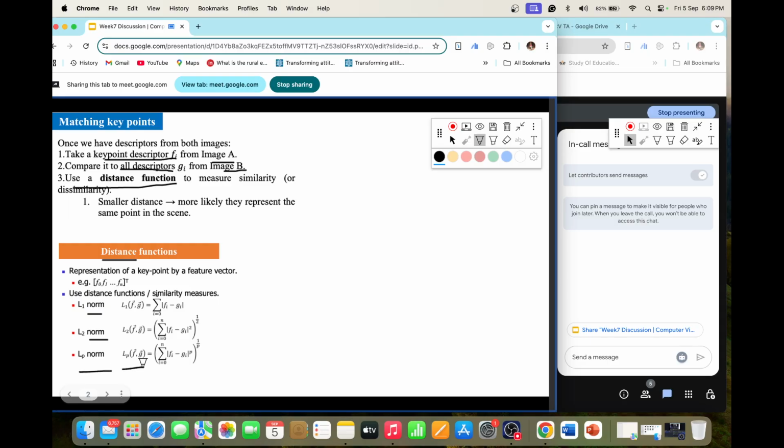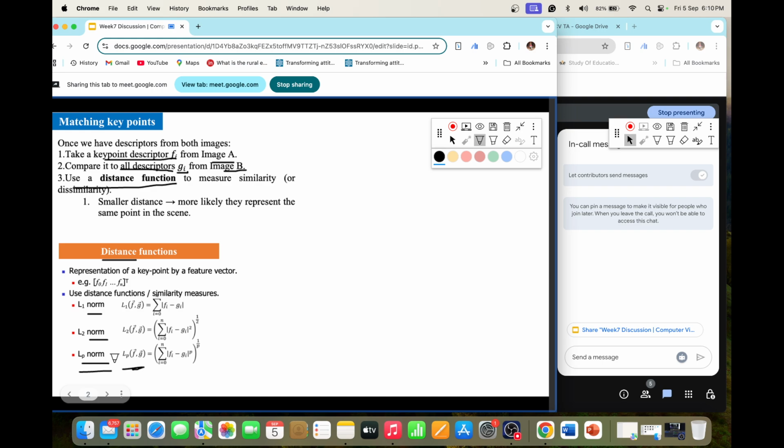The LP norm of F and G, where F vector is the vector of fi's and G vector is the vector of gi's, is the sum over i equals 0 to n of the differences fi minus gi to the power p, all to the power 1 by p.